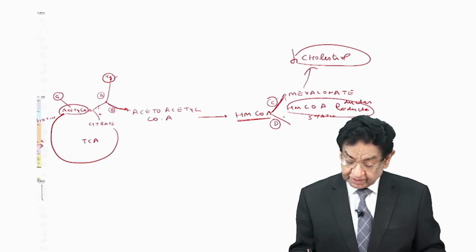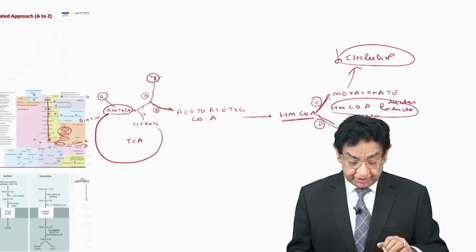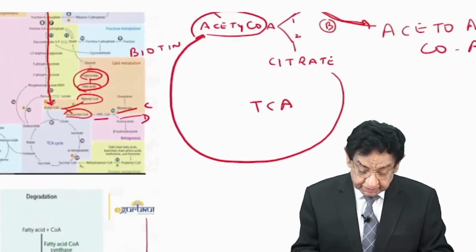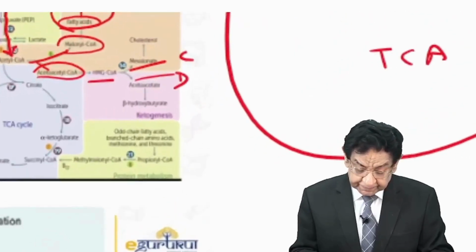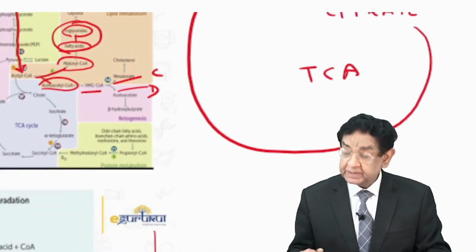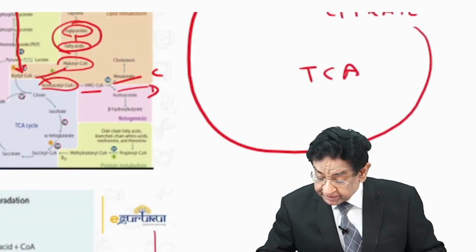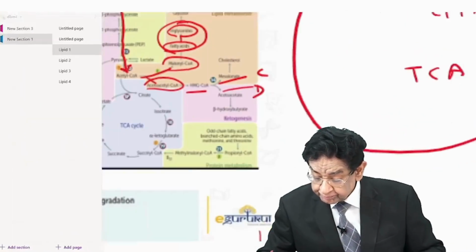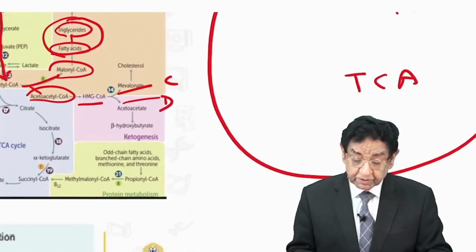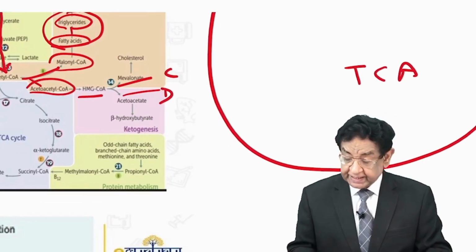Now let us see road D, where HMG-CoA is going. So road D: HMG-CoA is converted into acetoacetate.